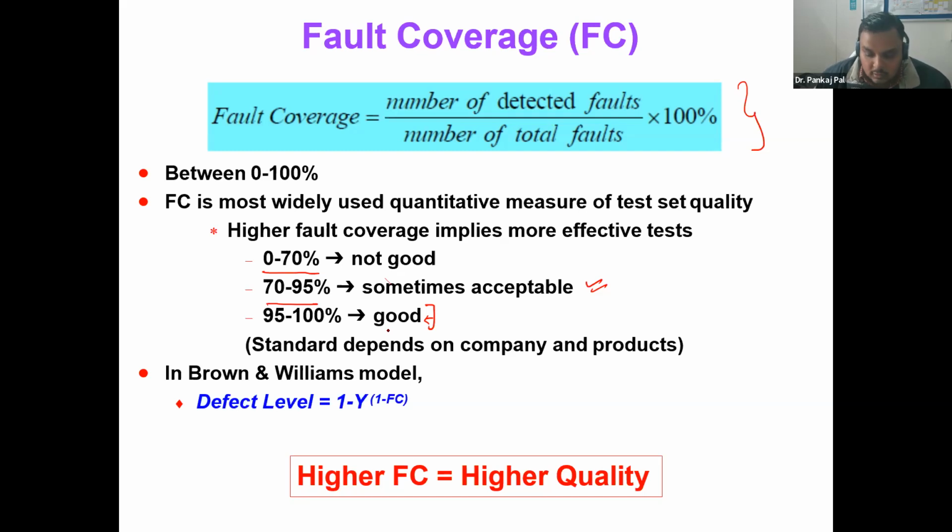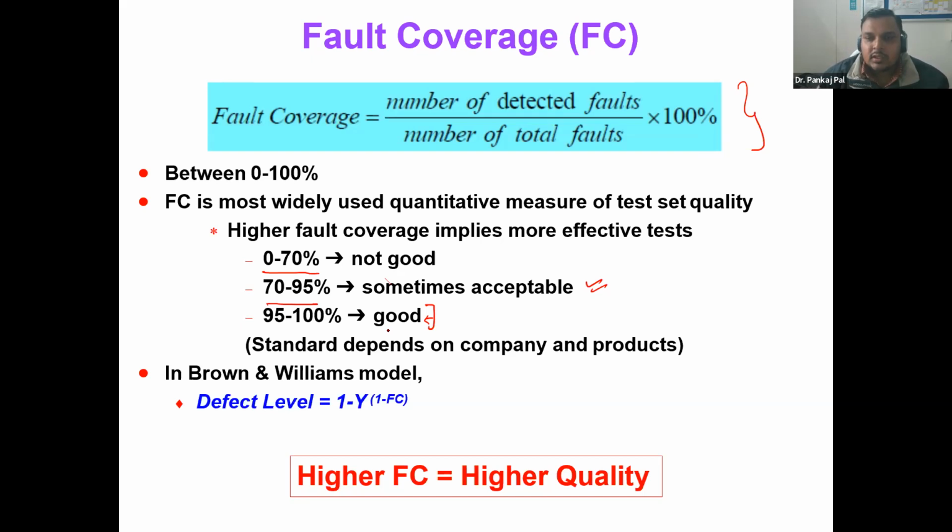I'm not going to name any company, but if I take an example, like if you are using an AMD processor and an Intel processor, definitely Intel will put more effort as compared to AMD, and that is why it will cost you more. Like AMD, they are making that processor, but they are not actually checking all this.